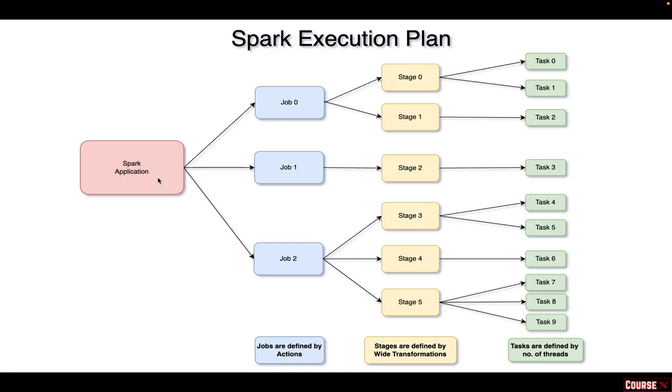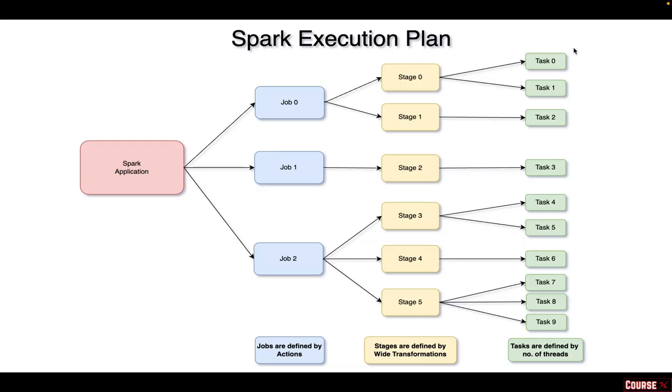So in this slide, the main takeaway is that the Spark application is broken down into jobs which are defined by the actions. Each and every job is further divided into multiple stages based on wide transformations, and each stage can have multiple tasks or threads that can run in parallel. Okay, and these tasks are the smallest unit of work in the Spark job.